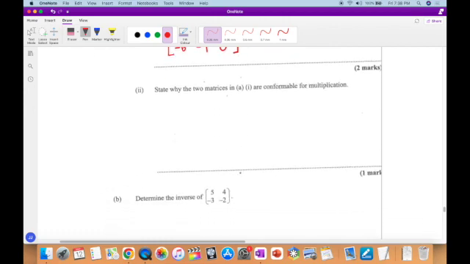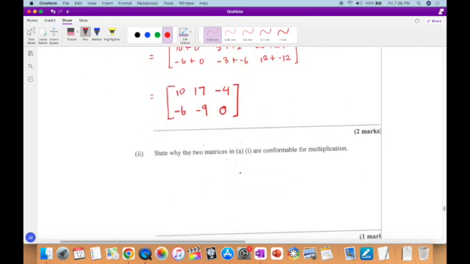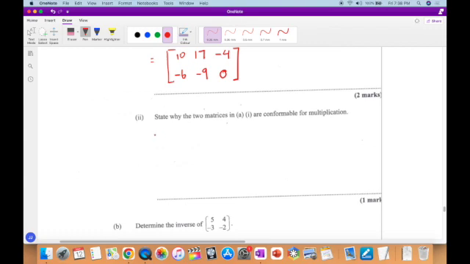State why the two matrices in A1 are conformable for multiplication. Well, the first matrix is a 2 by 2, and the second matrix is a 2 by 3. So they are conformable for multiplication, because the number of columns in the first matrix equals the number of rows in the second matrix.